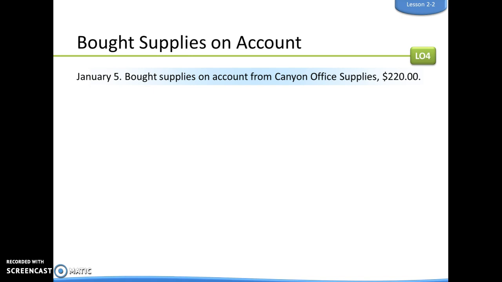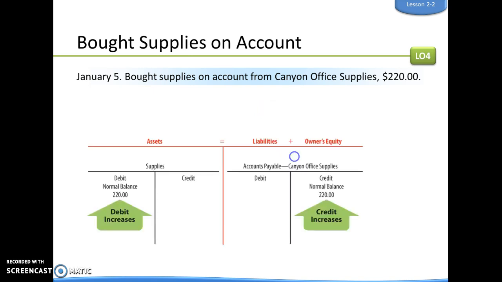Okay, so supplies is an asset. Accounts payable is a what? Say it. Liability. Something we owe. Okay, so if you put it on the accounting equation, supplies is an asset, so it's going to increase. And accounts payable is a liability. It's on the right side, so it's going to increase on the credit side.